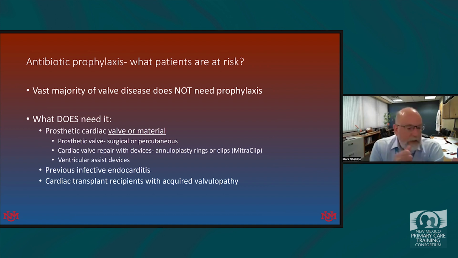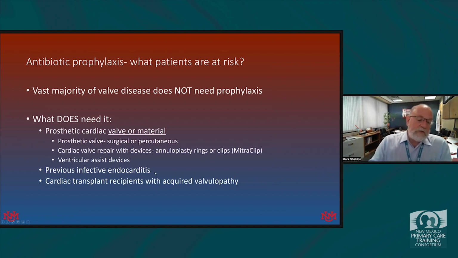The vast majority of valve disease patients do not need prophylaxis until they have a prosthetic valve or some material in there. So anybody that's had a prosthetic valve, whether it's surgical or percutaneous, if they've had a repair, if they have an annuloplasty ring or a mitral clip, they should have antibiotic prophylaxis. Certainly anybody with a ventricular assist device needs to have antibiotic prophylaxis.